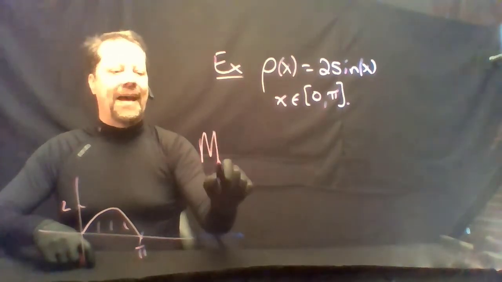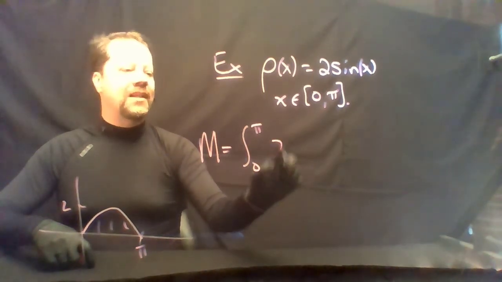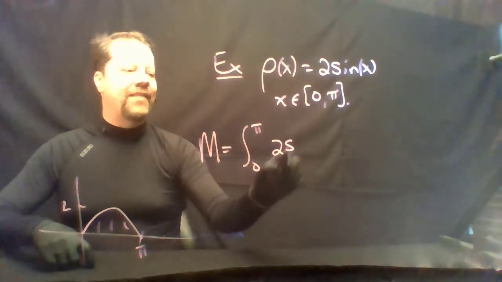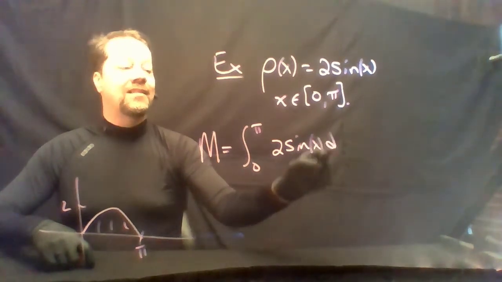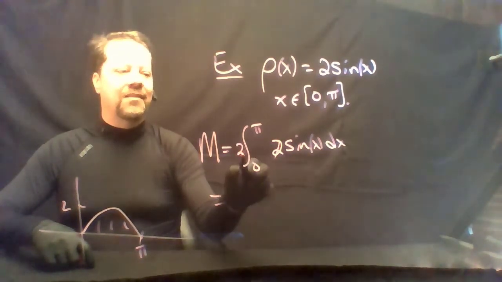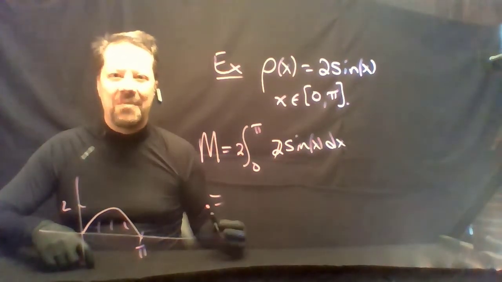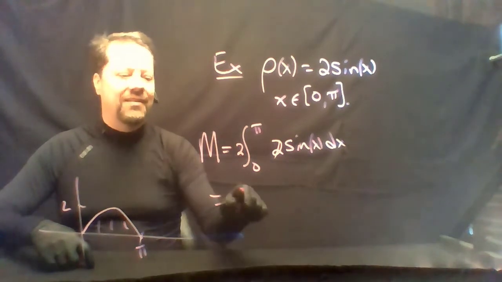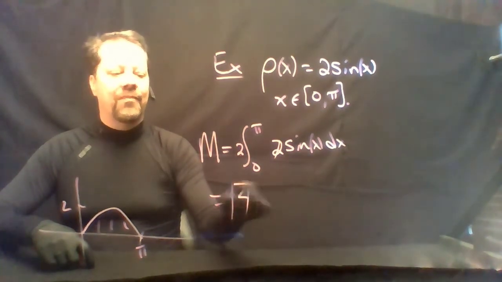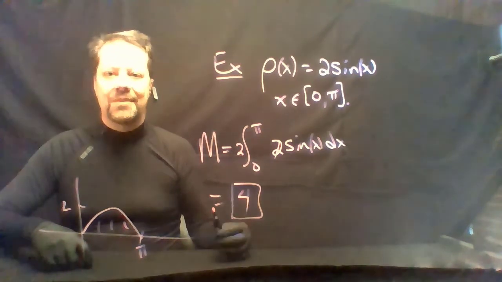The total mass will be the integral from 0 to pi of 2 sine of x dx. The 2 can come out of the integral, and then we're just getting the area of one bump. Remember, one bump gives you 2. The answer is 4, whatever units of mass you happen to be dealing with at the moment, perhaps kilograms.